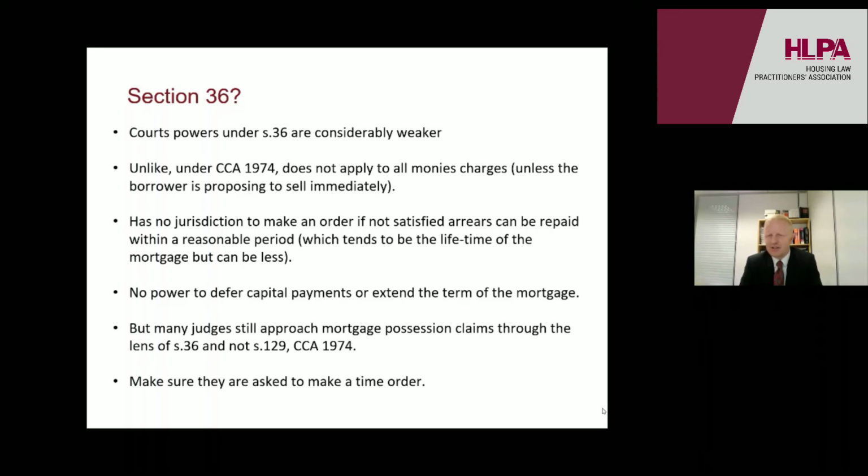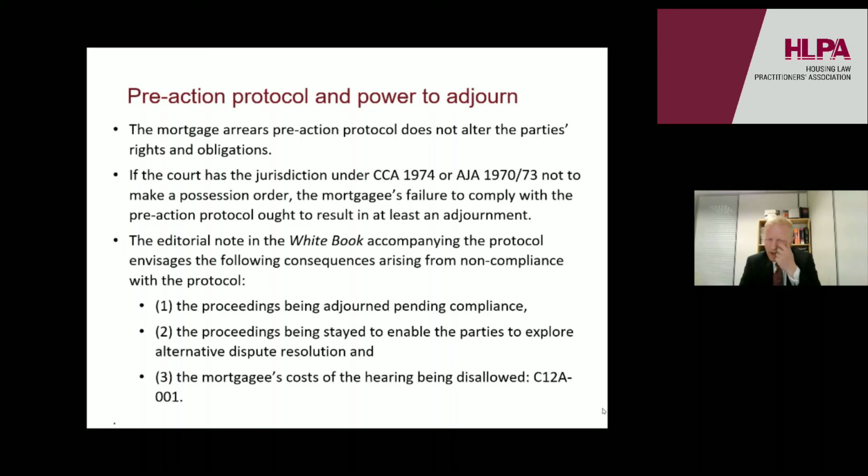And you just don't have to get over the jurisdictional threshold in Section 36 of the arrears having to be repaid within a reasonable period. So provided you have a regulated mortgage contract or a regulated agreement, you really shouldn't be having to resort to Section 36 again.